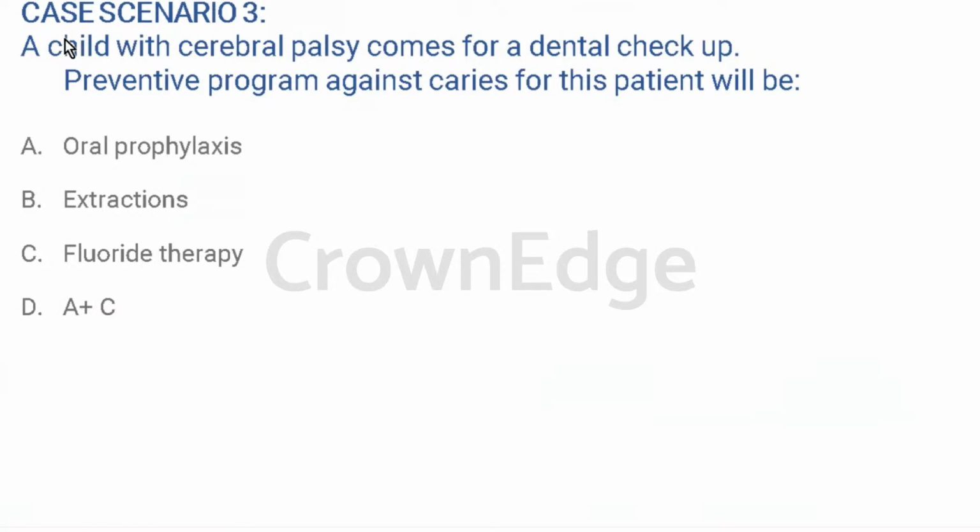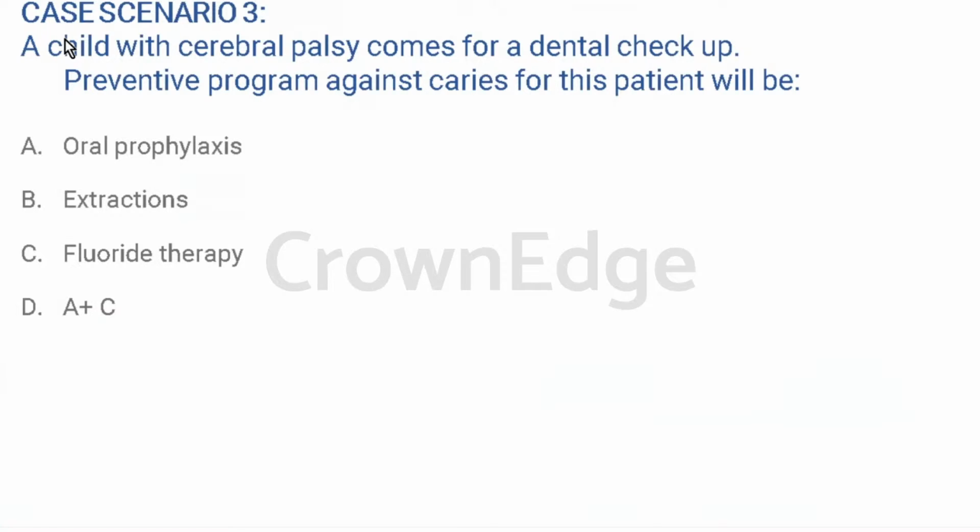Let's look at the case scenario 3. So you have a child with cerebral palsy who comes to you for a dental checkup. The preventive program against caries for this patient will be A, oral prophylaxis, B, extractions, C, fluoride therapy, and D, which is a combination of option A and option C. So what would be your pick for this particular question?